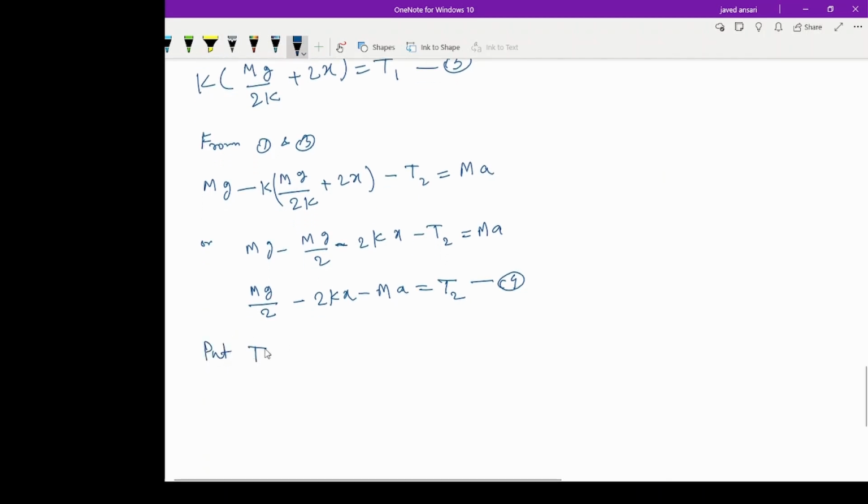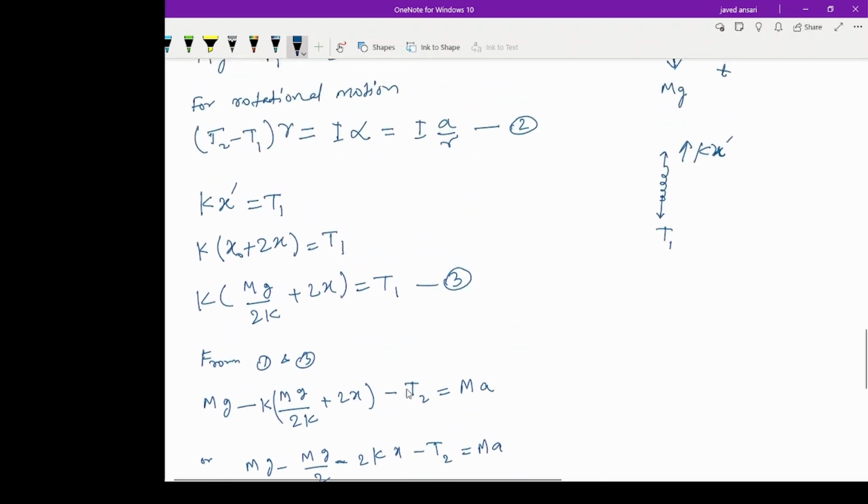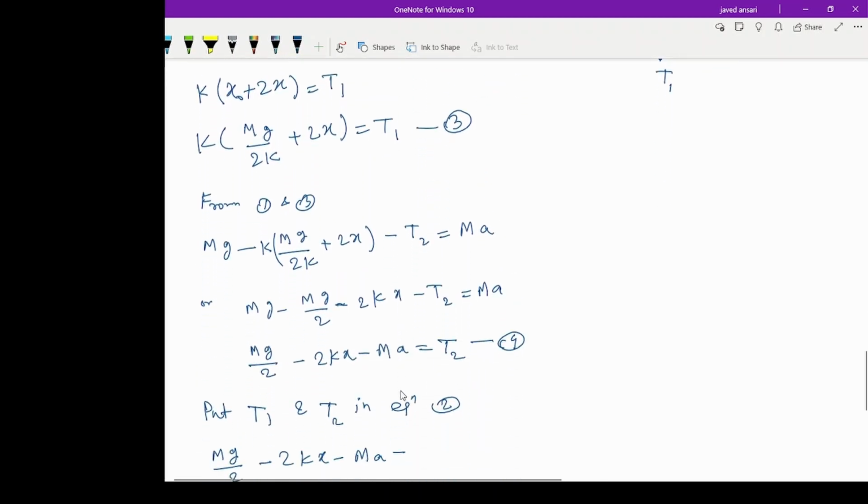Put T1 and T2 in equation 2. mg by 2 minus 2kx minus ma, this is T2, minus T1, times R, right?